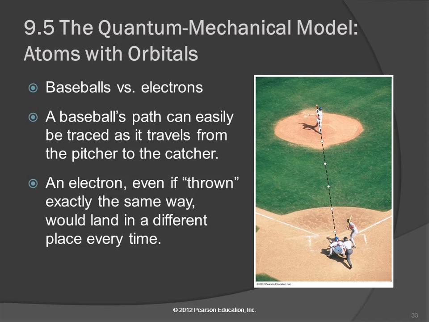If you have a pitching machine and you have it set up, it will throw that ball in the same place every time. It's predictable. But electrons are not predictable. If you had a pitching machine for electrons and pitched those electrons in exactly the same way every time, they'd go somewhere different every time. This is not what we deal with in everyday life, but this is something that happens when you get things that are so small.